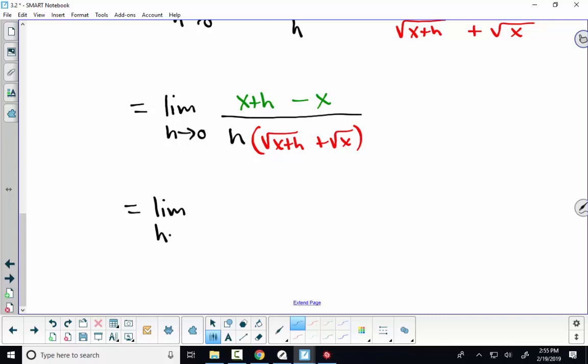So then we're left computing the limit as h goes to 0 of 1 over the square root of x plus h plus the square root of x. Okay with that?